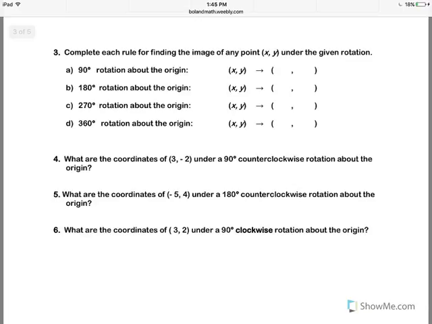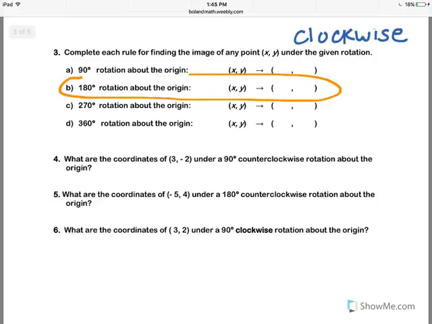Okay, so for number 3, if you did clockwise, clockwise has kind of the opposite rules. For the 180 rotation, for clockwise and counterclockwise, the x and y coordinates are just going to have the opposite sign, but they stay in the same position. So this is clockwise.